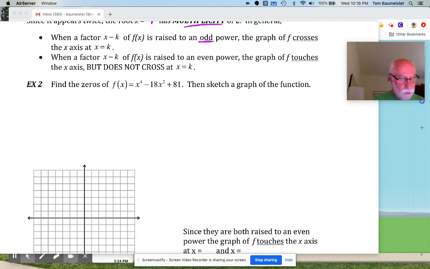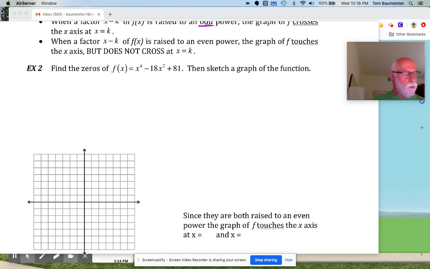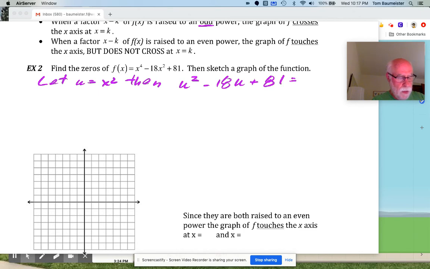Remember, I showed you substitution. So if I let u equal x squared, then I will get u squared minus 18u plus 81 is equal to 0.